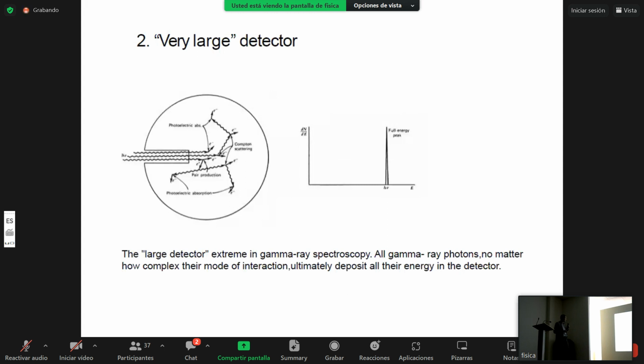The ideal case is if you have a very big detector and all the processes which I just explained happen inside the detector: photoelectric effect, Compton scattering, and all these interactions finally lead to photoelectric absorption, and you will get this full energy peak, which really is a goal.